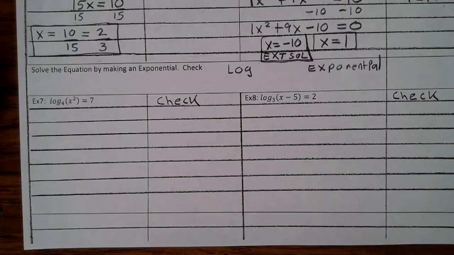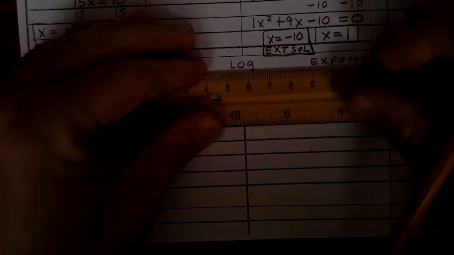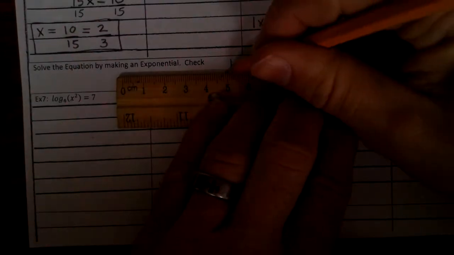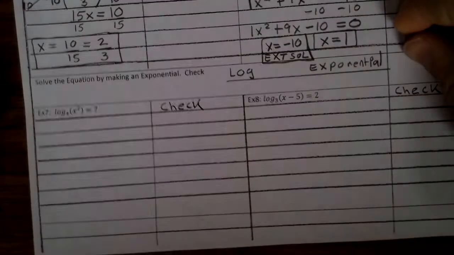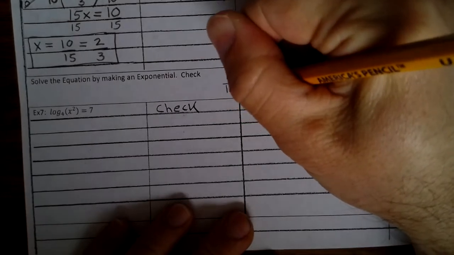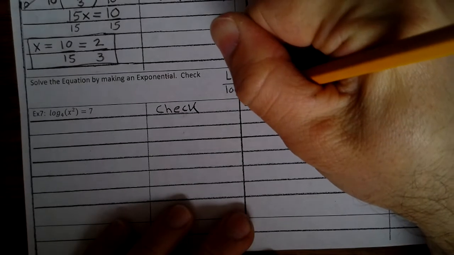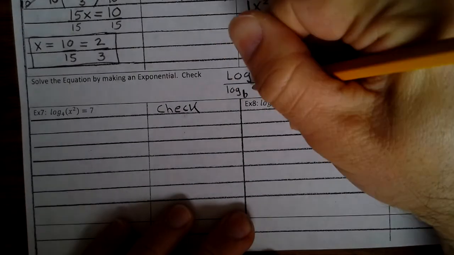Okay, now the log will be log base B. Let's just make that a capital B so it's easy to read. Log base B. And let me check my notes real quick to make sure I tell you this correctly.